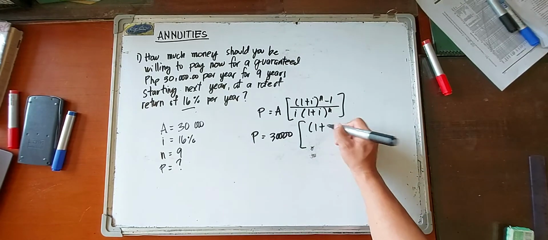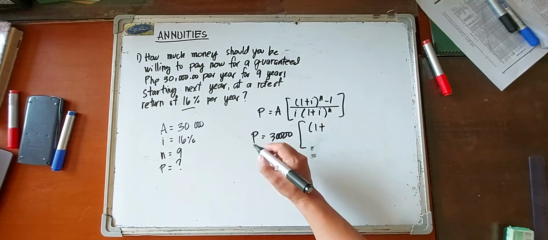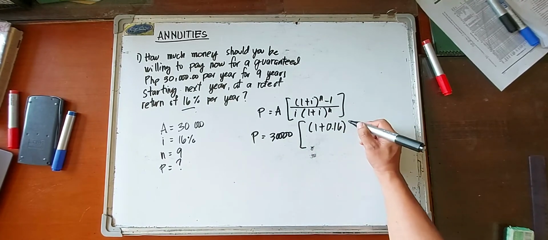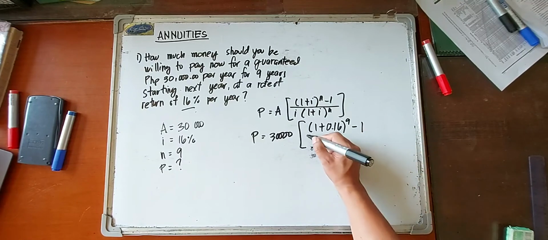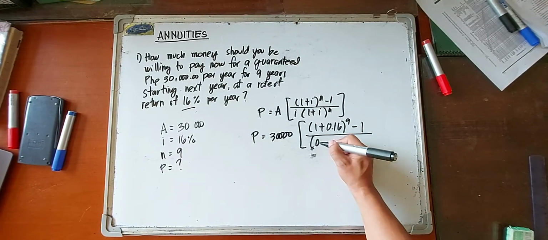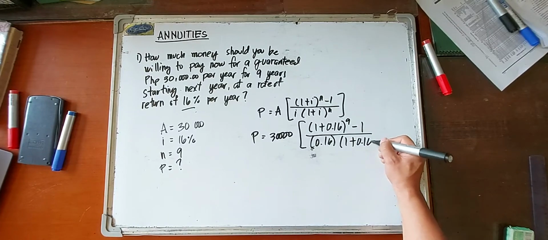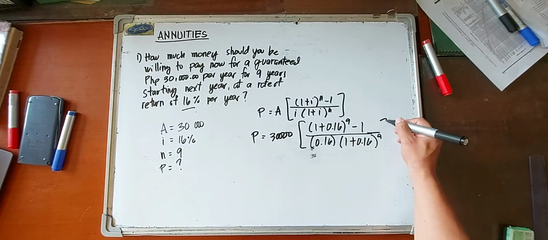So 1 plus i should be in decimal form. N is 9 years, and we have 1 plus 0.16 raised to 9.